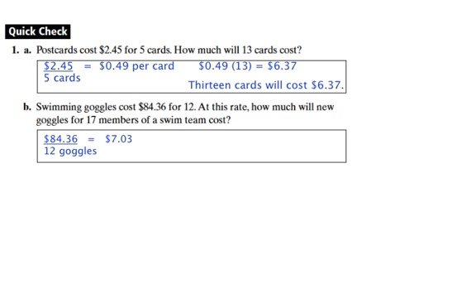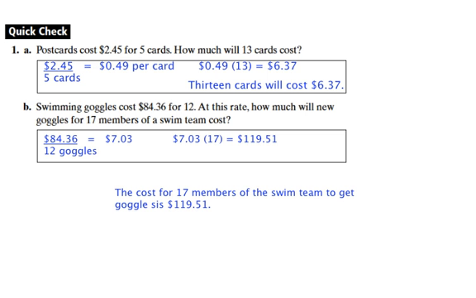To figure out the cost for 17 members, we're going to take $7.03 times 17, which is $119.51. So, the cost for 17 members of a swim team to get goggles is $119.51.